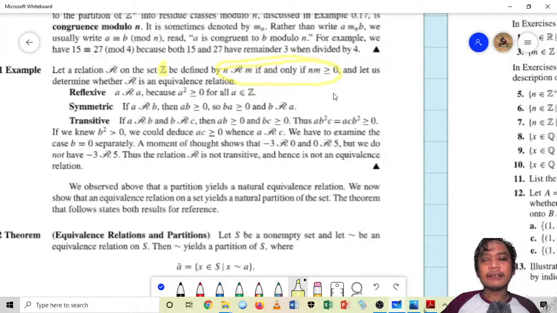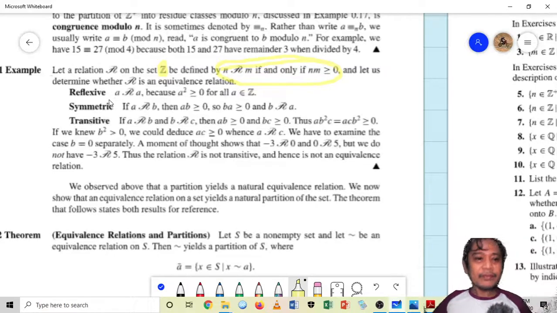If the product of two integers is non-negative, they are related. That is what we meant by this example. That is the definition of R in this particular example. R can be defined differently in some other examples, but in this example, that is how we define R. Two integers are related if their product is non-negative.